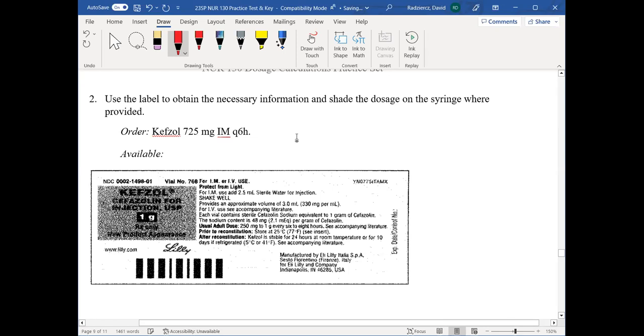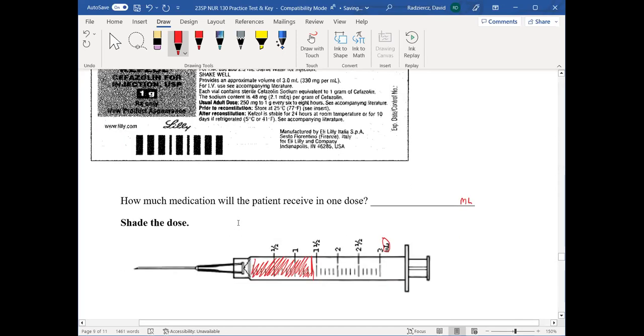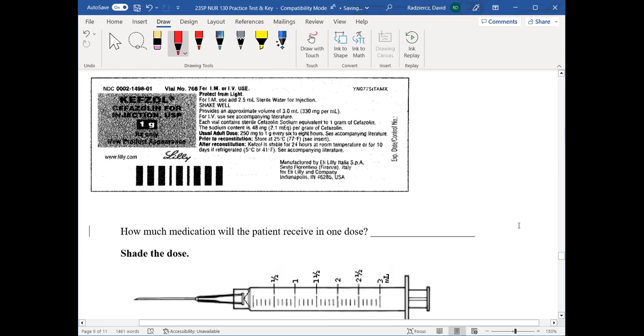For this example, our order is 725 milligrams intramuscular every 6 hours. The question asks how much medication the patient will receive in one dose, but it doesn't tell us how it's going to be delivered.